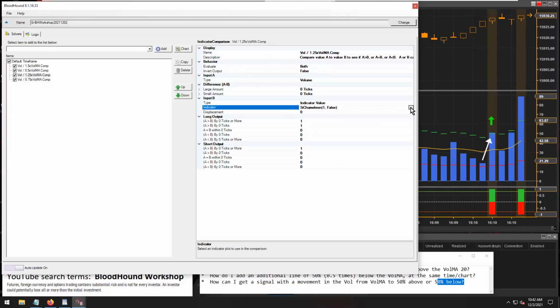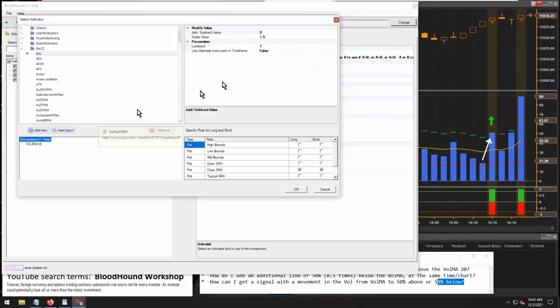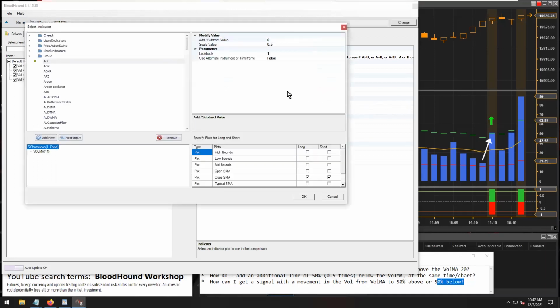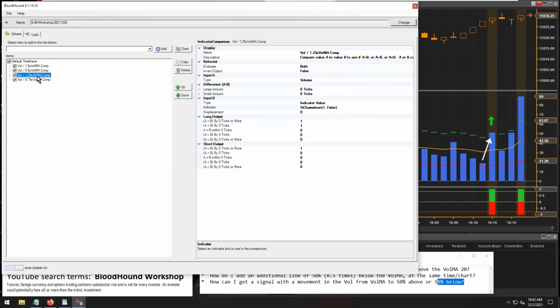So we just need to go in and adjust the scaling value for both of these solvers. So let me go into Chameleon and just quickly adjust the scaling value. So there we go, there's 0.75 now. So I have two new solvers that make a tighter, narrower range.